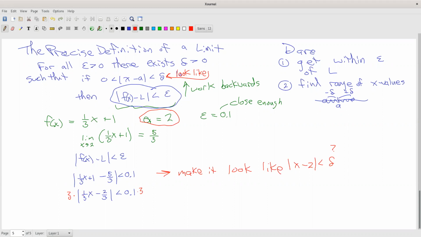It won't mess up the absolute value. And I'm going to get rid of those thirds in the bottom. So 3 times 1/3 is 1. So I'm going to have the absolute value of x there. Ooh, that's awesome. I want that. Minus 3 times 2/3 is 2. Holy crap, this is working out nice. And then the other side, I want it to be less than 0.1 times 3 is 0.3. So this must be delta. Hello, delta.